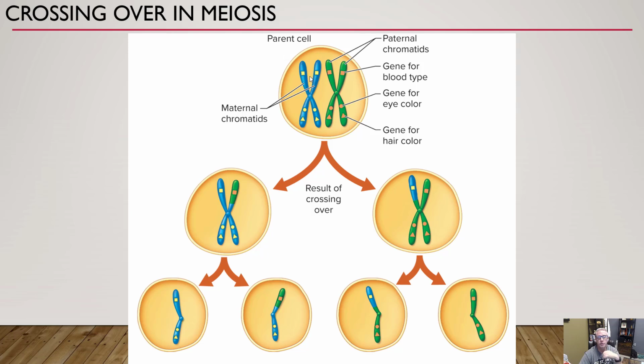And second, you can see the crossover that has occurred. Some portions of the chromosome have the yellow and some portions have the blue, and you can see the genetic variability because this chromosome isn't all blue and this chromosome isn't all green. So you can see the crossover that has occurred.